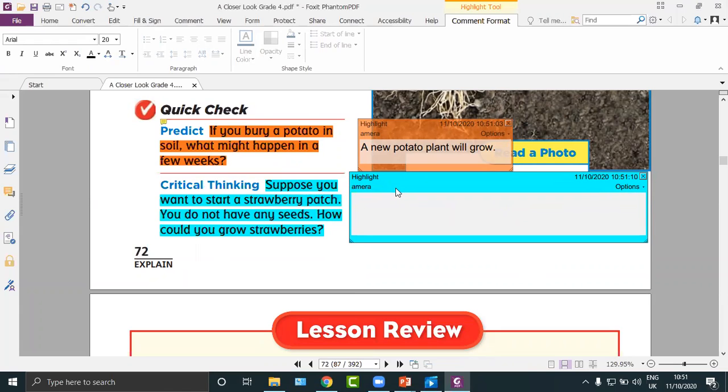You could buy one strawberry plant and let new plants grow from runners from the parent plant. Okay, right? You could buy one strawberry plant and let a new plant grow from runners.